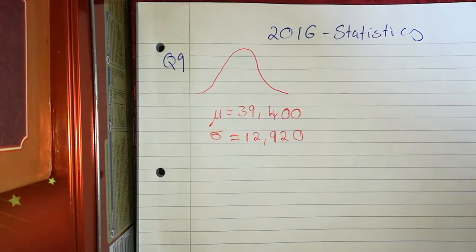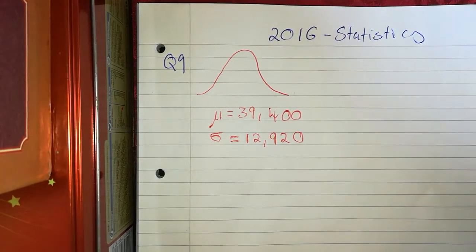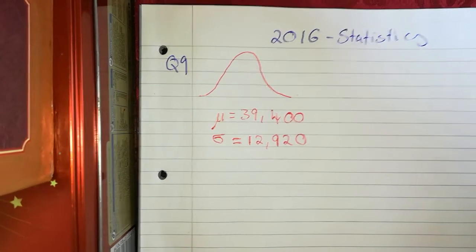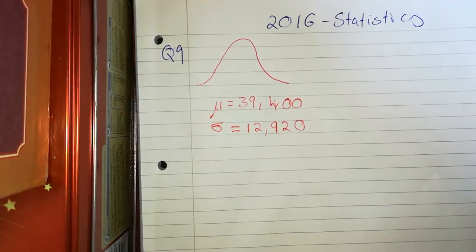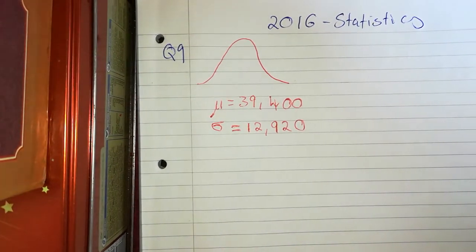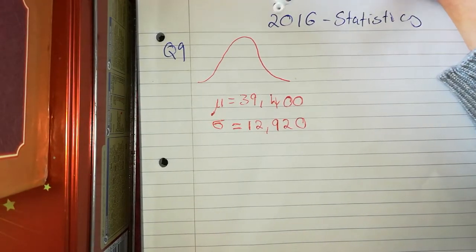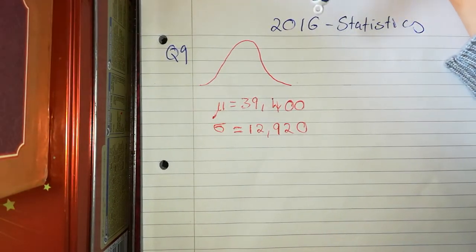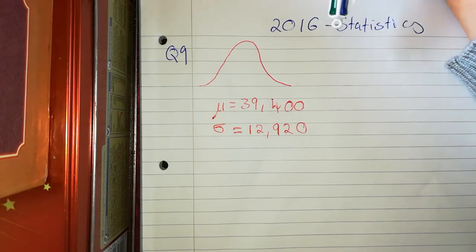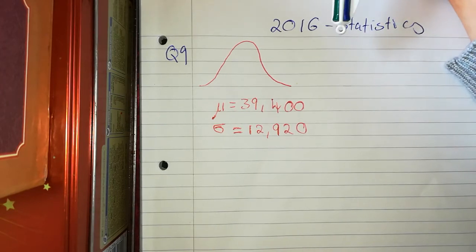I want to get the probability, or the percentage, of workers over 60,000. So what I'm going to have to do is convert to a Z value.